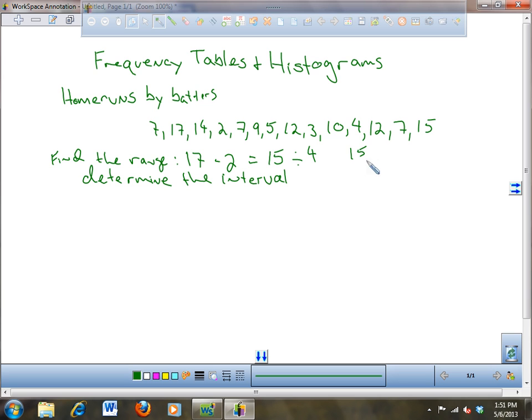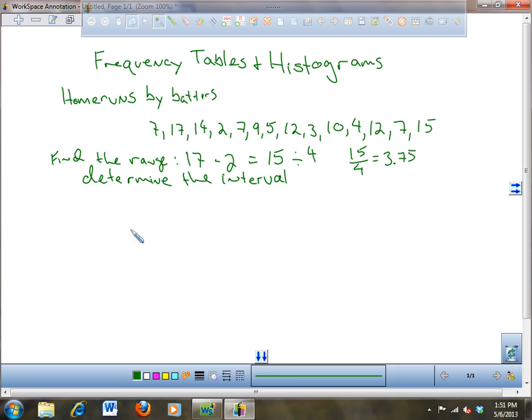Around 3.75. So if I want 4 intervals, I divide that number by 4, and then I round up.